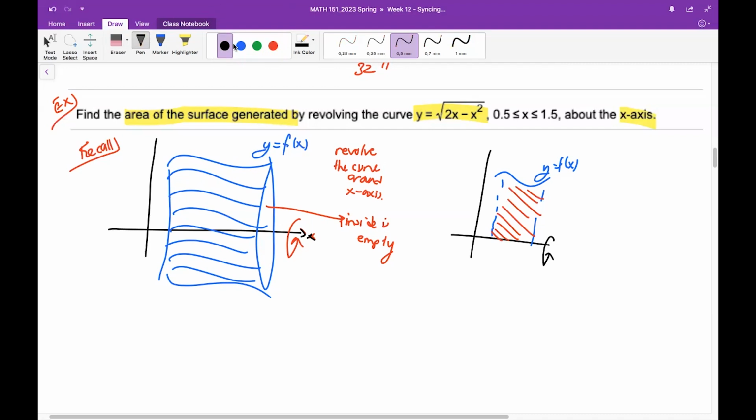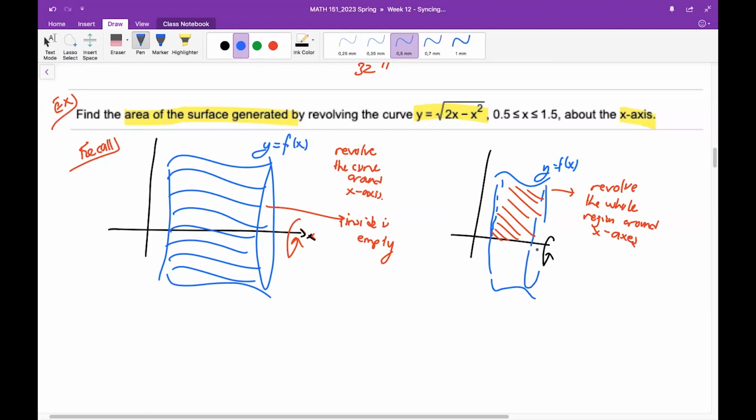So revolve the whole region around the x-axis.